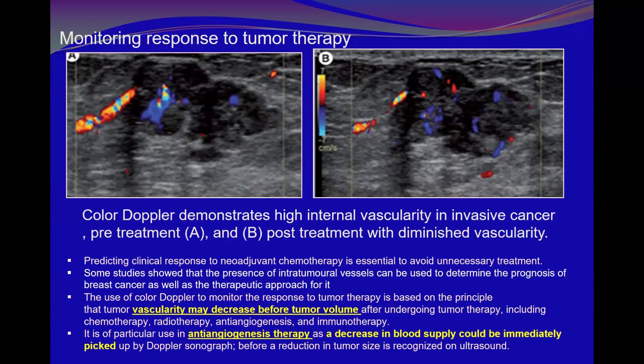But by applying Doppler, the viable tissue will demonstrate vascularity, while necrotic or dead or fibrotic tissue doesn't show significant vascularity. And especially if we compare it with the baseline ultrasound, we'll see how the feeding vessels are regressing in size, and even the color changes and spectral wave changes might be affected.